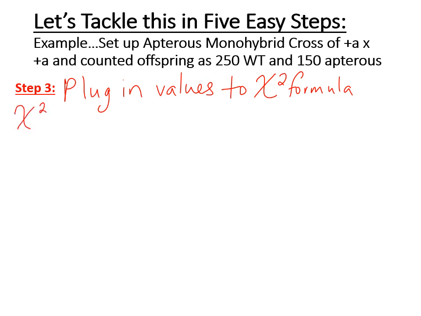Chi-squared equals the sum of O minus E squared over E, okay? So now we're going to plug that in, knowing the expected and the observed values.